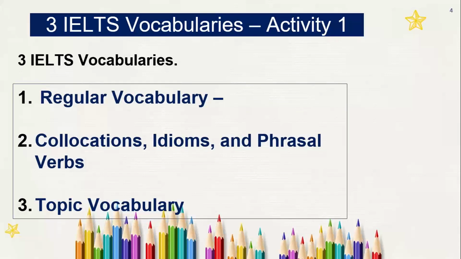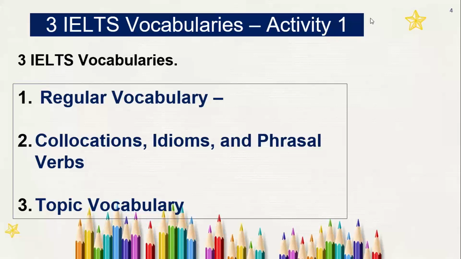So the 3 IELTS vocabularies are what I call regular vocabulary, collocations, idioms, and phrasal verbs, and topic vocabulary. As you know, there are certain topics on the IELTS tests which are important to know about.